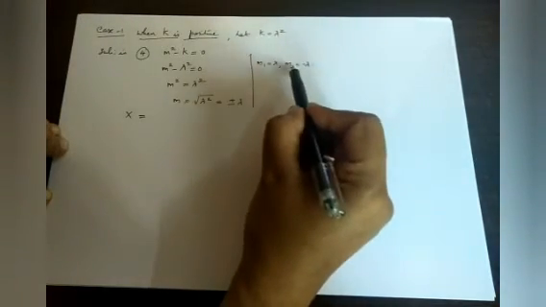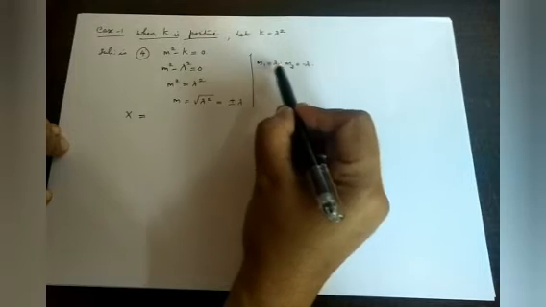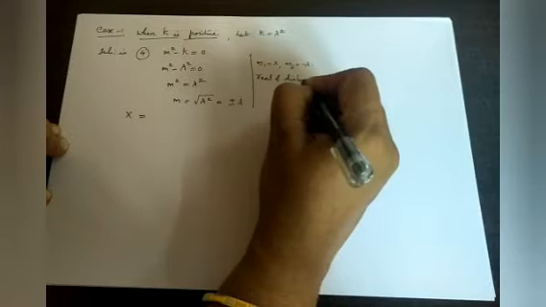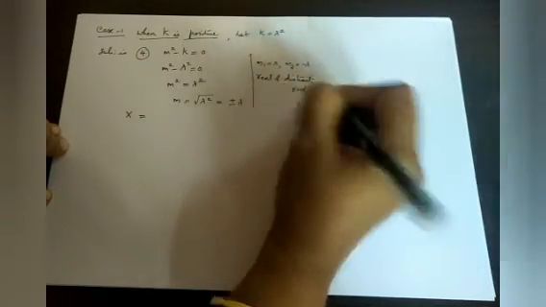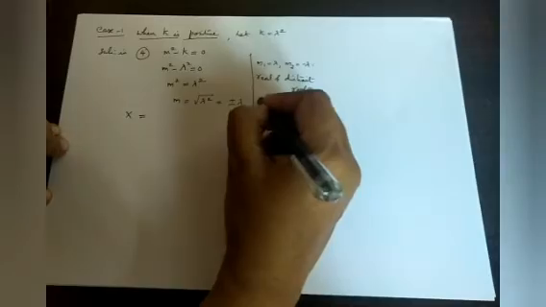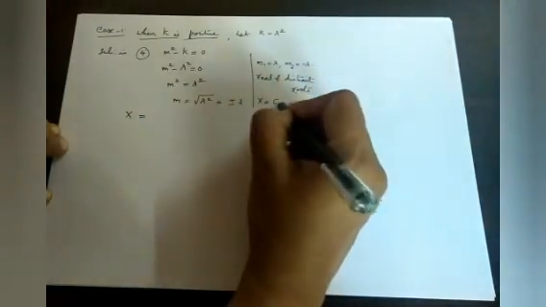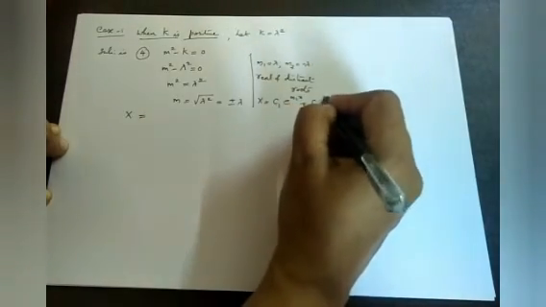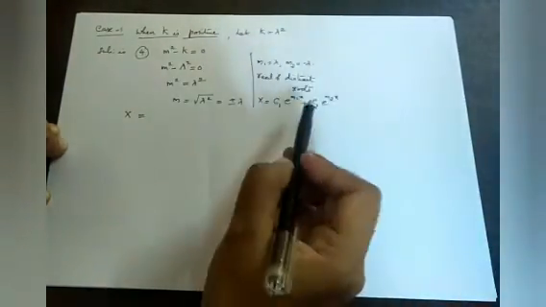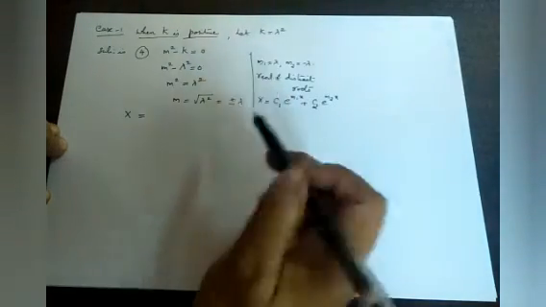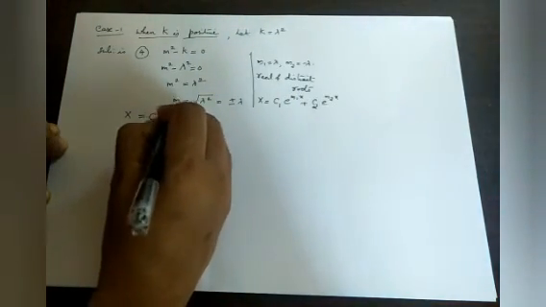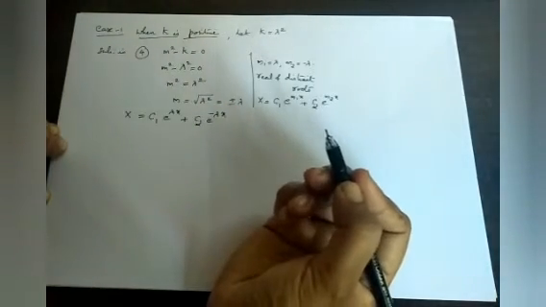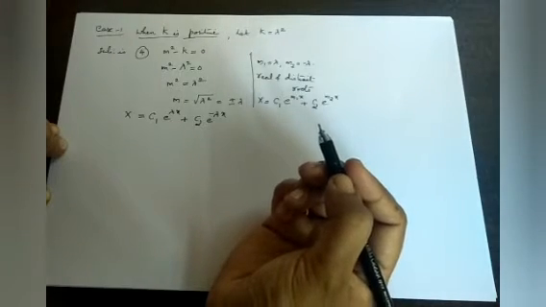If we have two distinct roots, real and distinct roots, the solution will be x equal to a constant c1 into e raised to m1x plus c2 into e raised to m2x. Therefore, in place of m1 we can substitute lambda. Therefore c1 e raised to lambda x plus c2 e raised to minus lambda x will act as the solution of x.